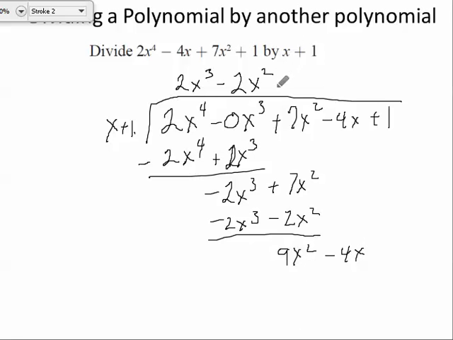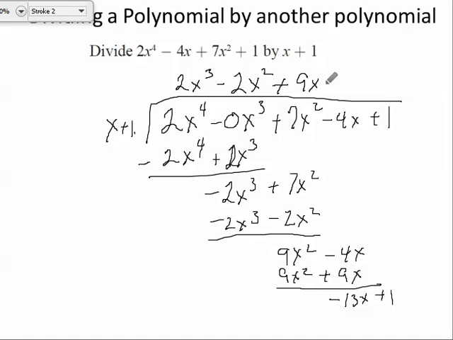Well, that means I need to multiply the x by a positive 9x. 9x times x gives me 9x squared plus 9x. And when I subtract this whole thing, I'm going to get a minus 13x plus 1.